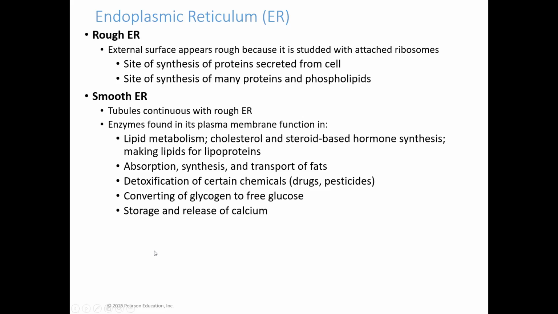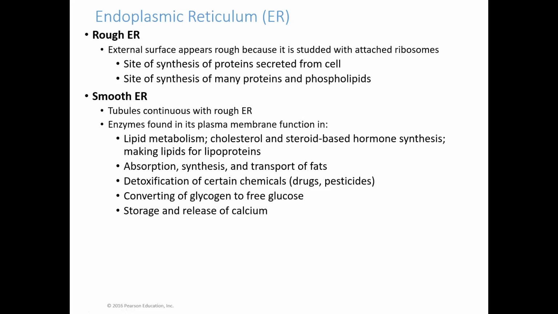Now, the smooth ER does a whole lot of other things for us. It produces all the steroid-based hormones that are produced from cholesterol, like the sex hormones testosterone, estrogen, progesterone. It produces all the adrenal cortex hormones like aldosterone and cortisol, where we get cortisone from, for example.